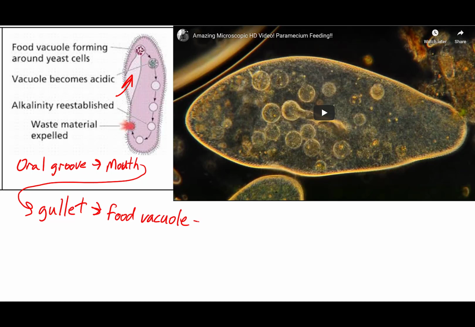We have digestion occur, and then from there, the waste materials will go to the anal pore and be excreted that way. What's really interesting here about the video is you're going to see that beating motion feeding food into the oral groove, the mouth, the gullet, and then into a food vacuole.